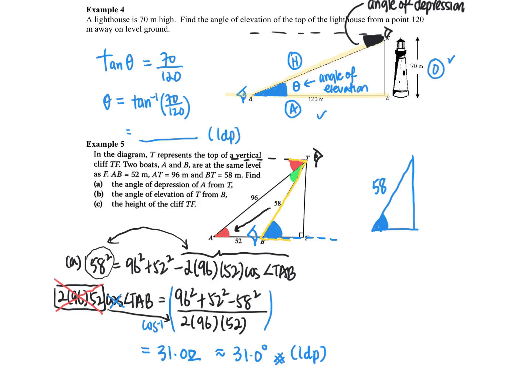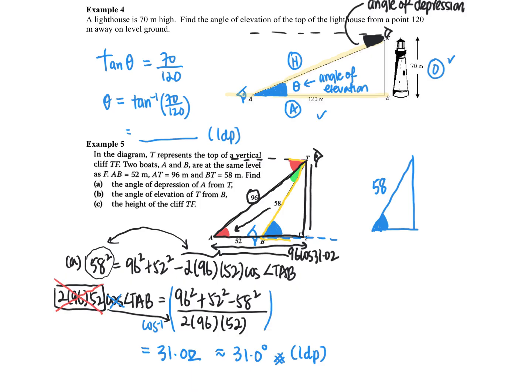It's the same. Alternatively, you can use the big triangle here. Remember I told you all the shortcut, right? If you have the hypotenuse, the base here is 96 cosine 31.02.